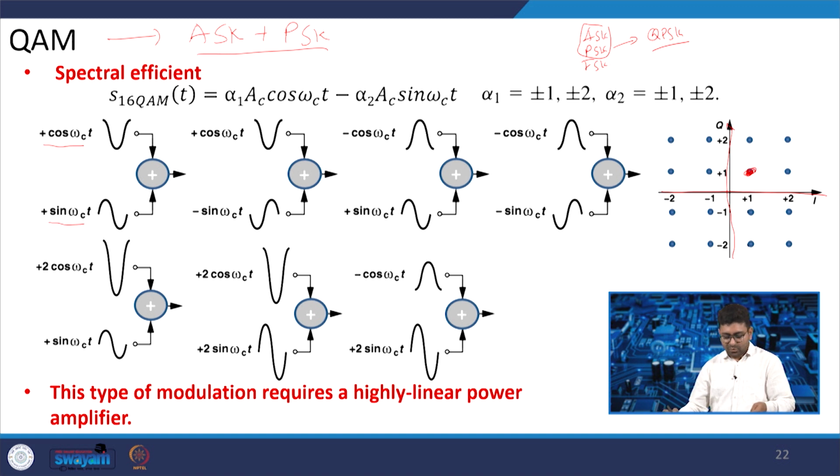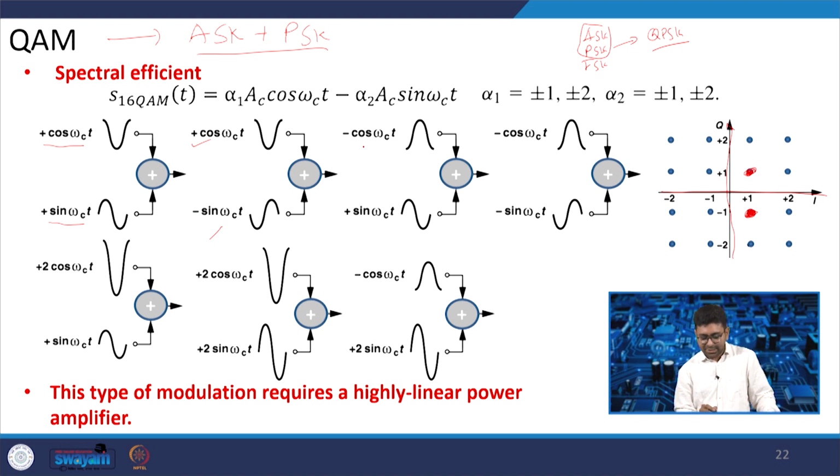Then we make plus cos omega ct minus sin omega ct. So there is an I which is plus and another which is minus. So this is a plus and this is a minus. This point we will try to send. Then there is a minus, so another is this constellation point that we try to send.